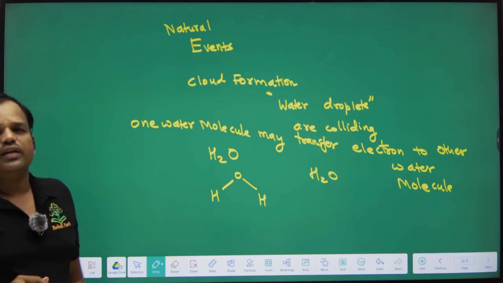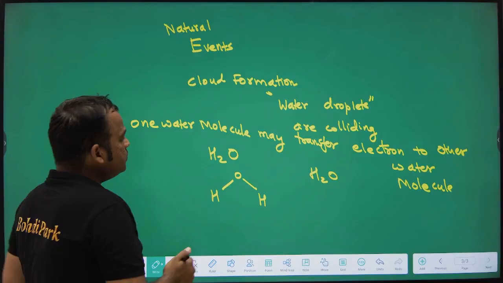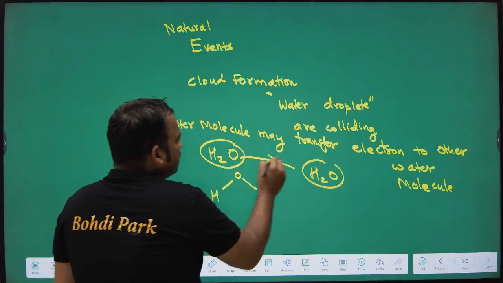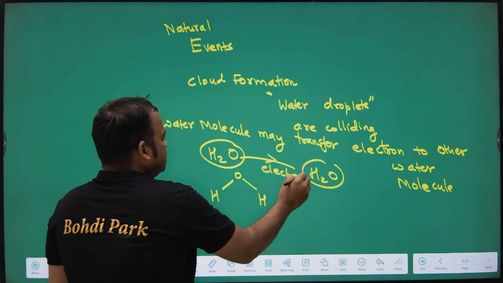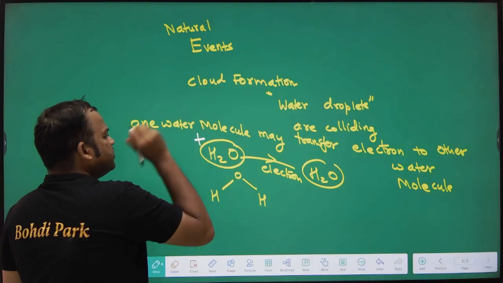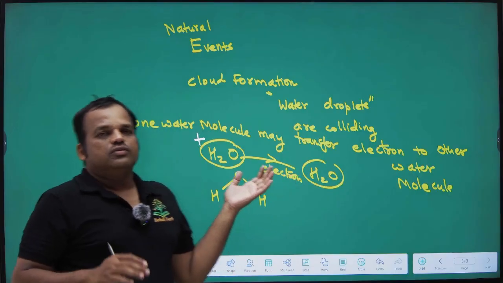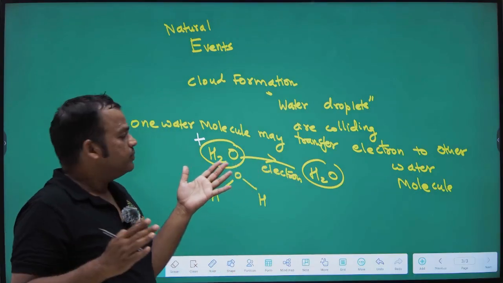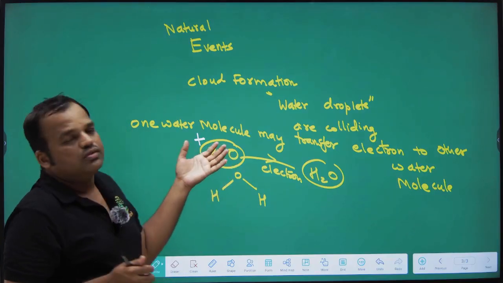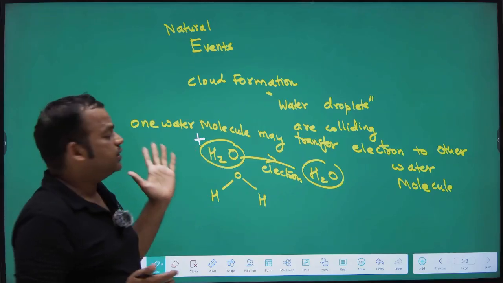As we know, the electron is a negatively charged particle. So when one water molecule is losing an electron, that water molecule will get a positive charge, because the number of electrons is less. There is a deficiency of electrons, and when there is a deficiency of electrons, we call it a positively charged object.